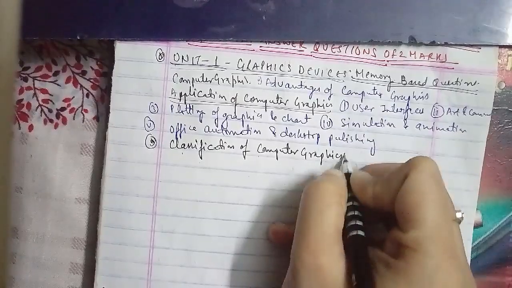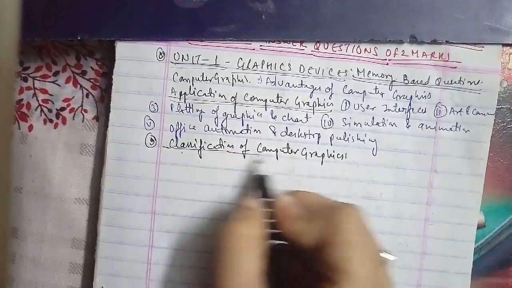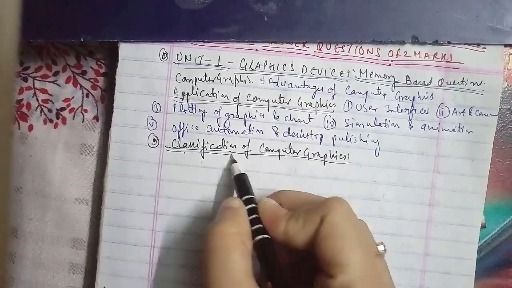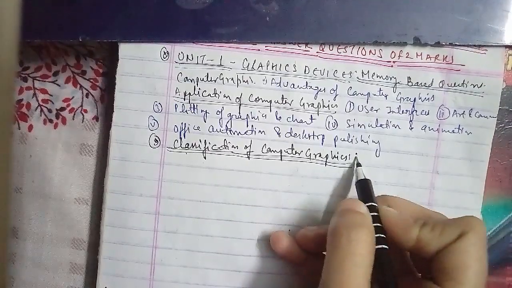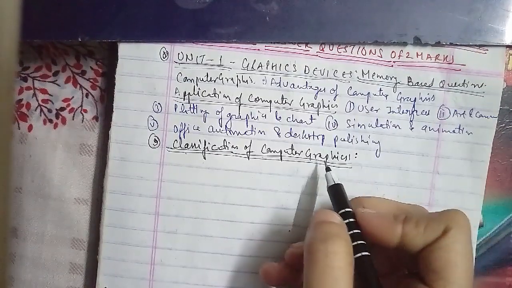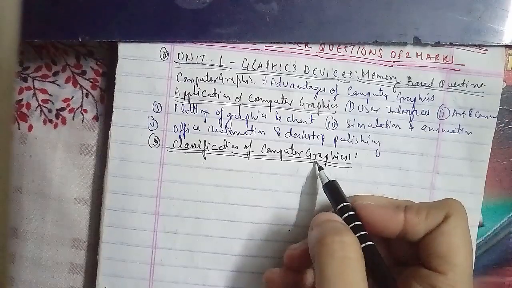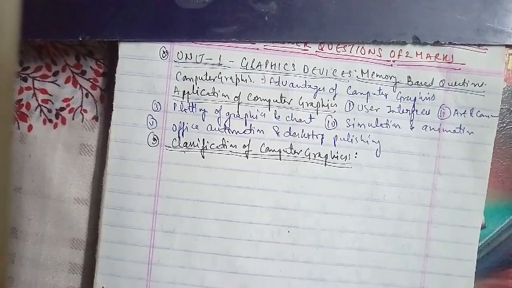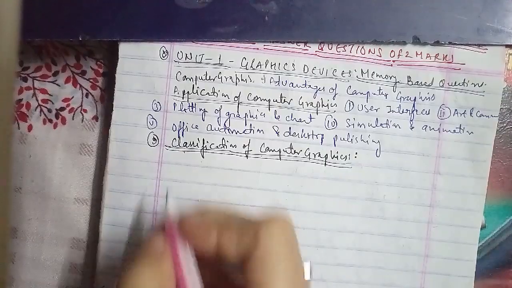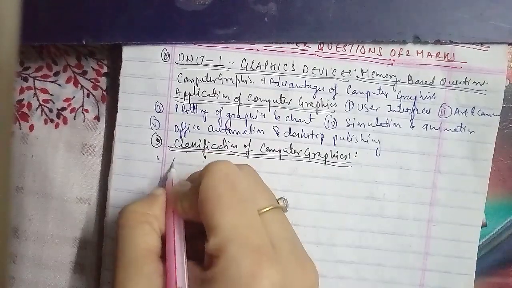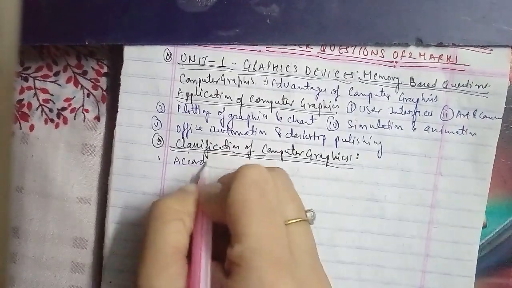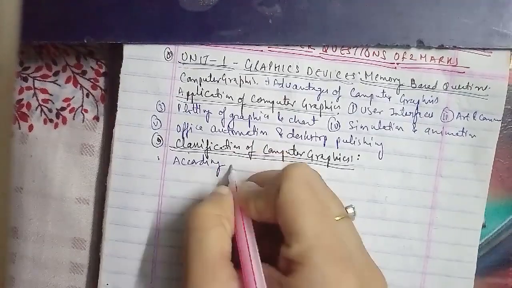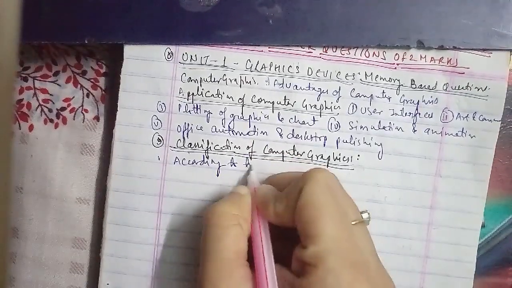So let's go ahead. According to the type of object, there are two types, which are 2D and 3D.